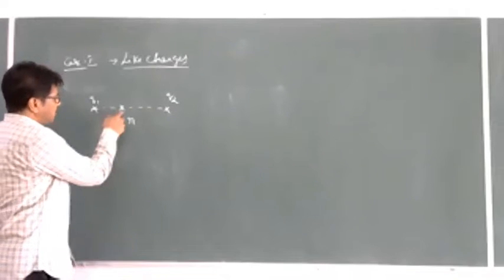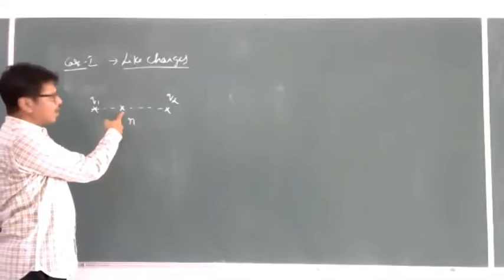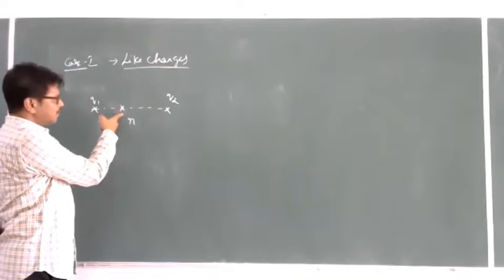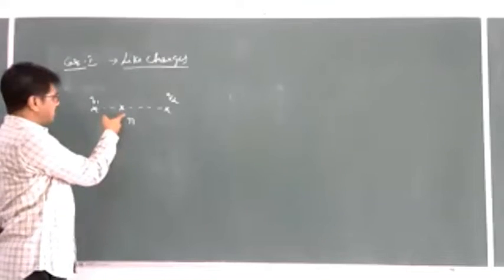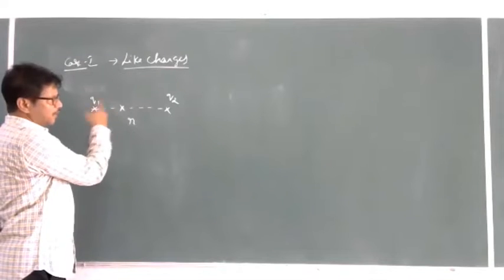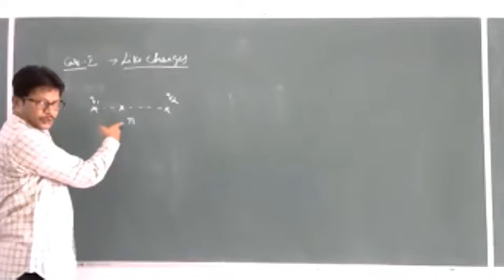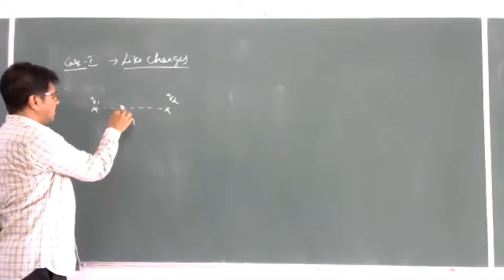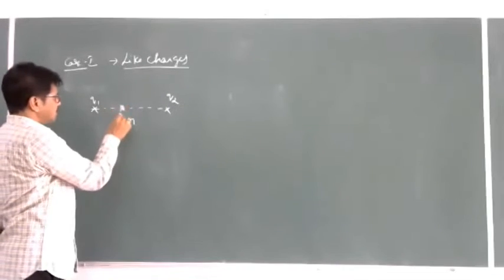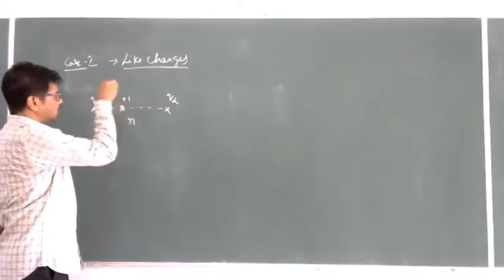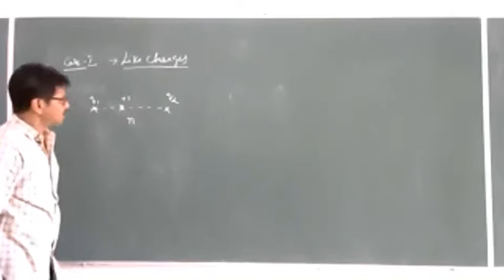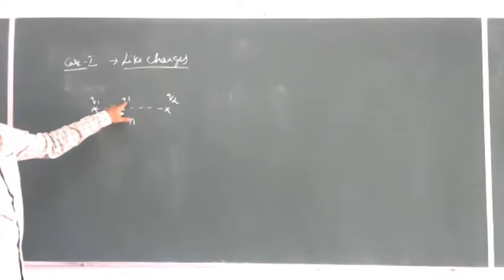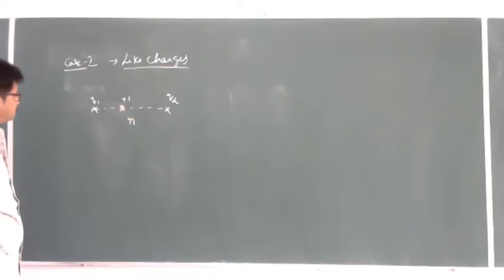Here, how many electric fields will act? Two electric fields will act, one because of Q1, the other because of Q2. Wherever you want to find the electric intensity, we need to imagine one unit positive charge. So here I am imagining one unit positive charge.